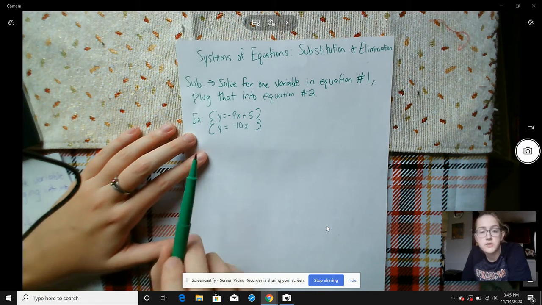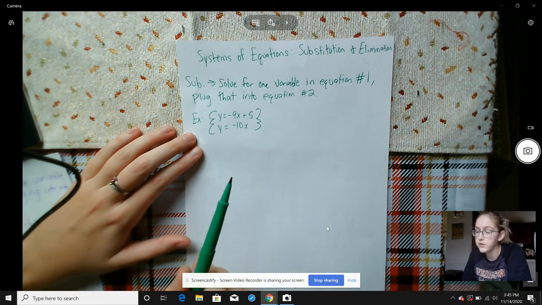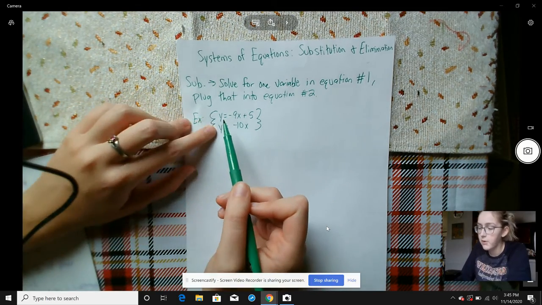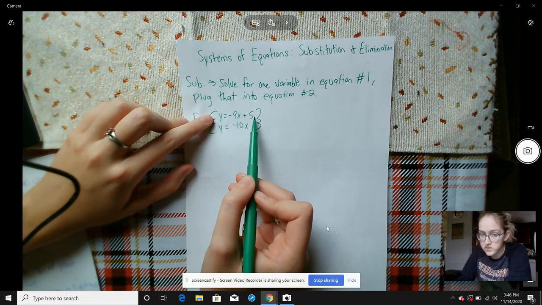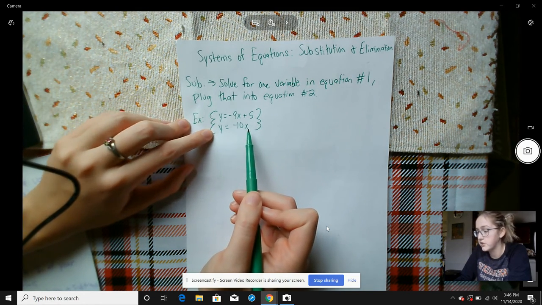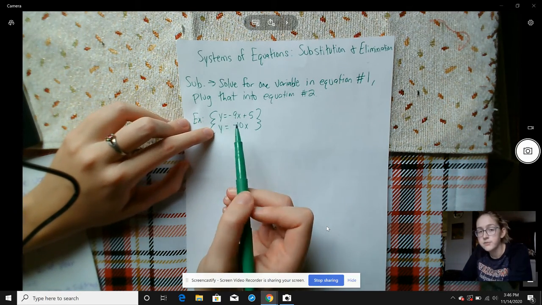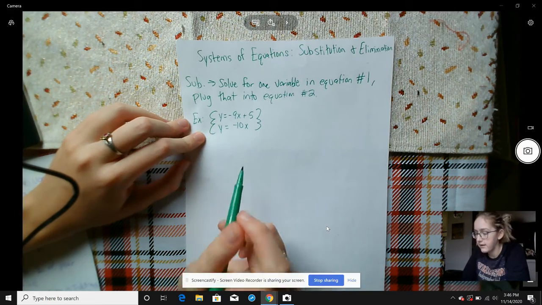The first thing you're going to want to do is see if any of your equations already have a variable that's solved for. In our case, both of these are solved because they both have y by themselves. So we know that y equals negative 9x plus 5 according to equation 1, but y also equals negative 10x according to equation 2. Sometimes it'll already be solved for you. Sometimes you'll have to solve for it. That just means getting y by yourself. We've covered how to do that.